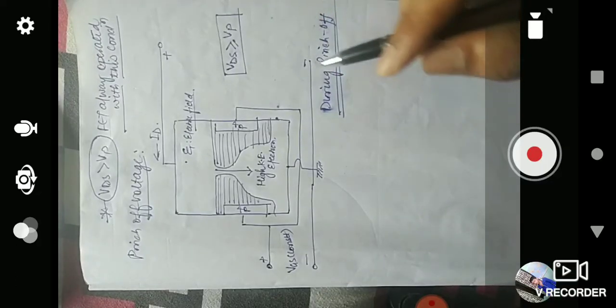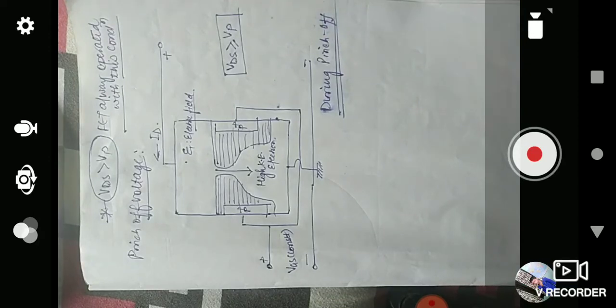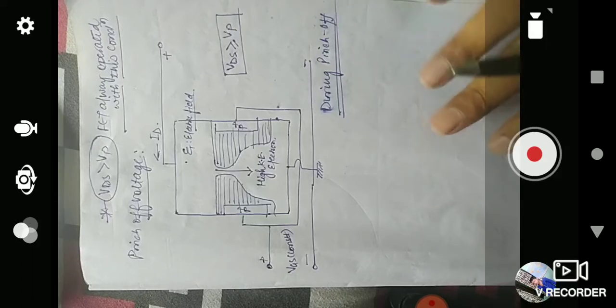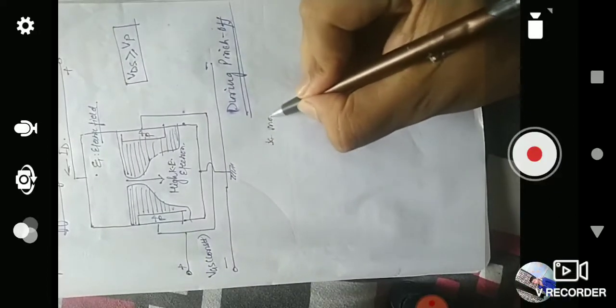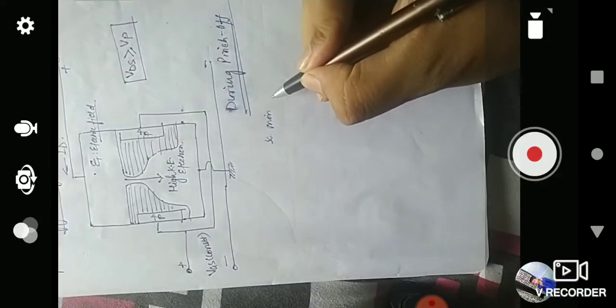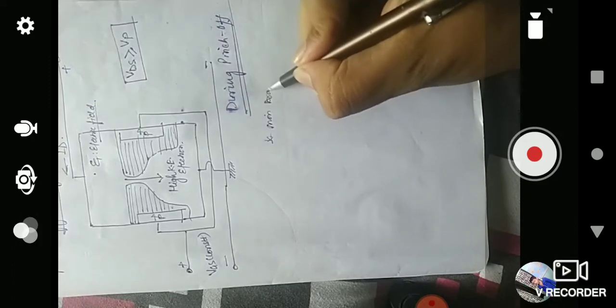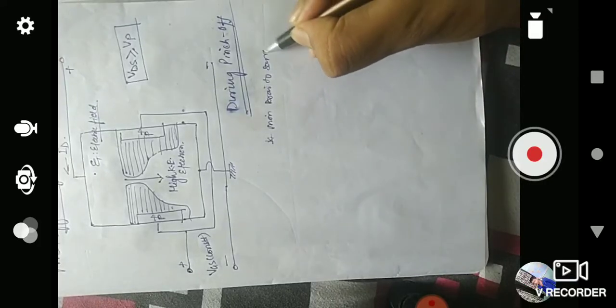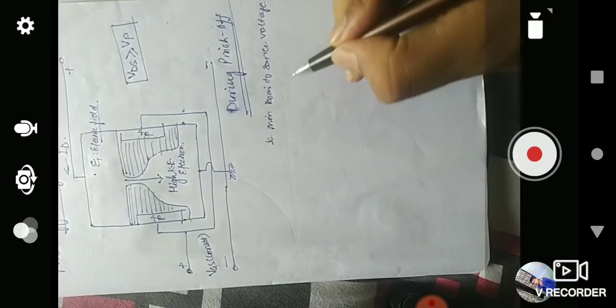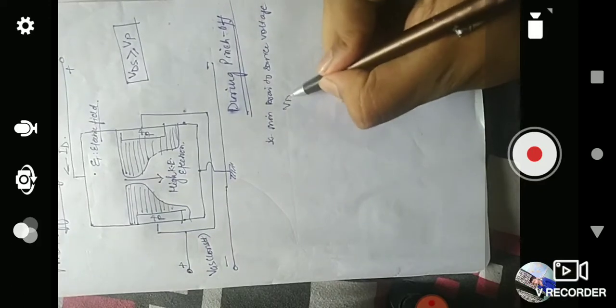So the pinch off voltage is defined as the minimum drain to source voltage where ID enters into saturation. Simply, the minimum drain to source voltage when ID enters saturation.